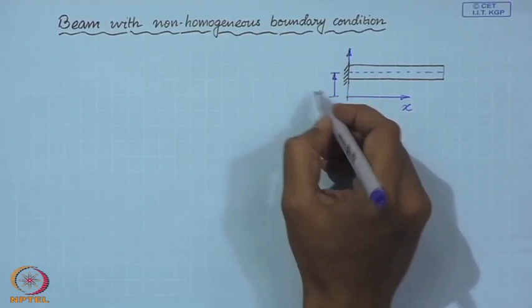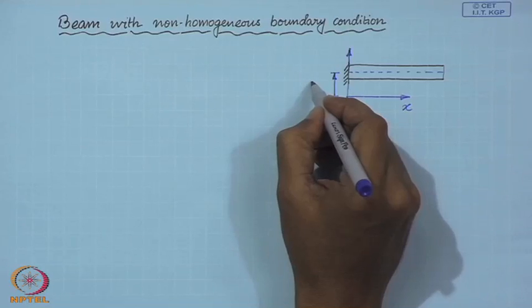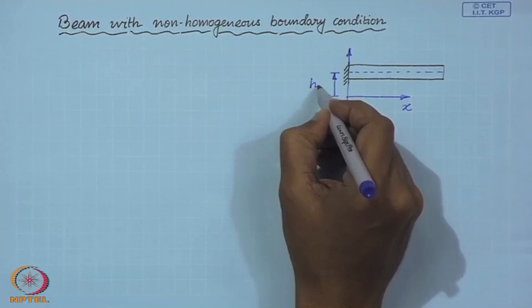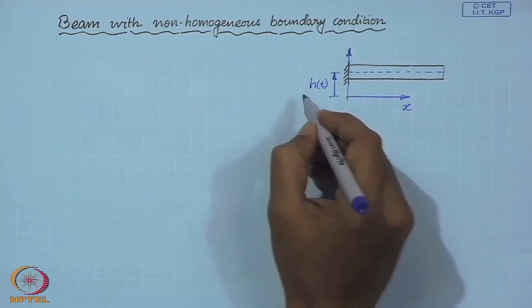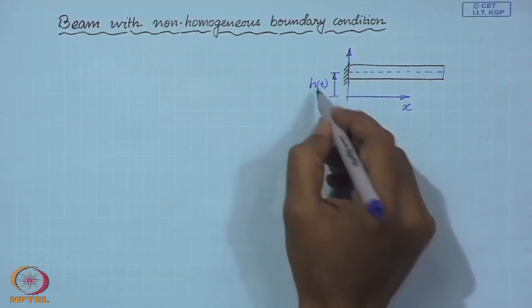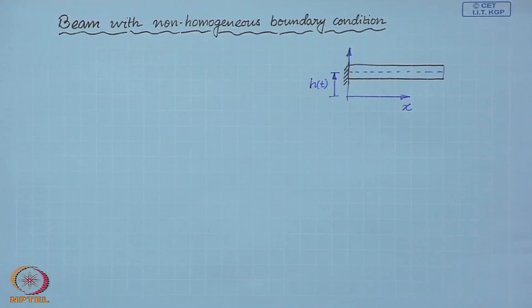So, we can consider that this motion of the base is given by h of t.